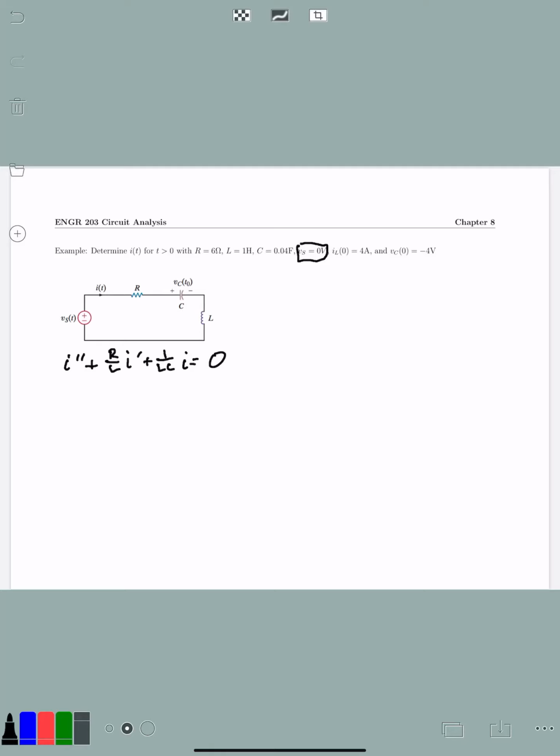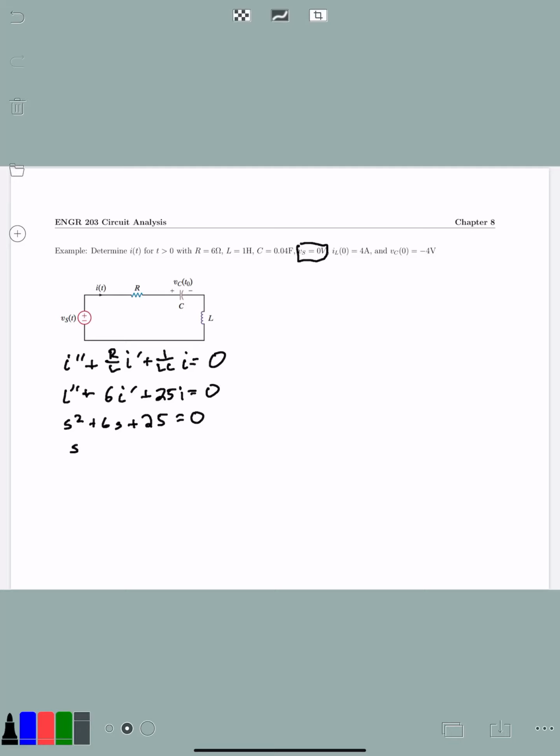So we plug in the numbers that we have for this problem. I double prime, my R over L is 6, so 6 I prime, plus 1 over LC, which is 1 over 0.04, so that's 25 I equals 0. And so we go straight to our characteristic equation, s squared plus 6s plus 25.